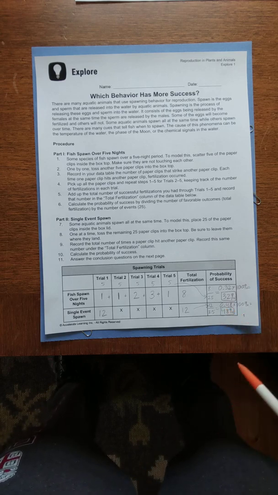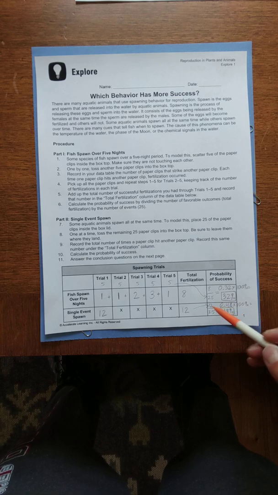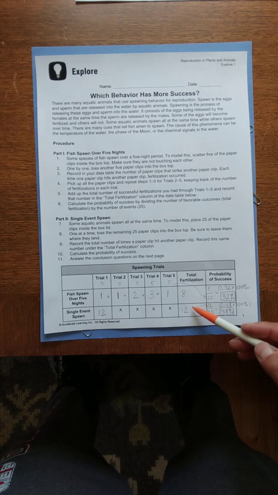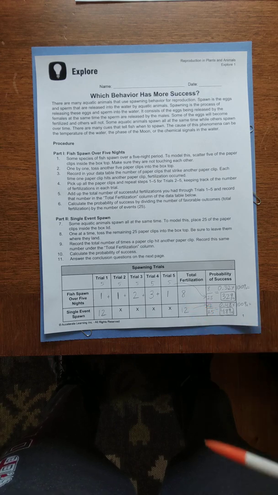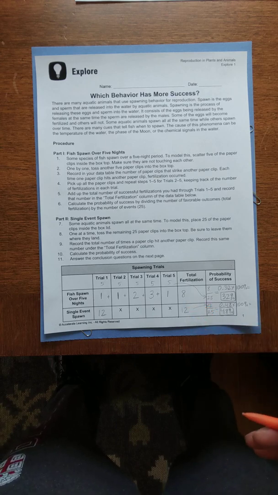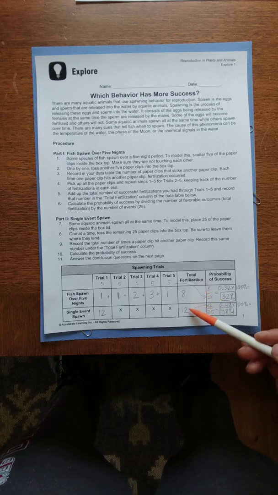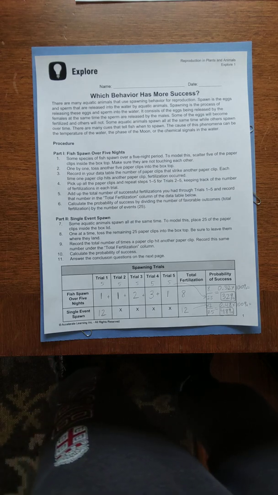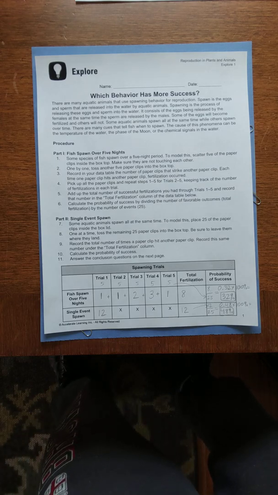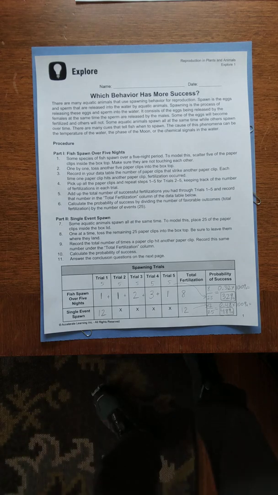I also want you to use your data from the activity, the 8 and 12 total fertilizations in each part, in your explanations for your answers. So you want to cite your evidence, and this is your evidence because we did this experiment to model these two different types of reproduction in aquatic animals.